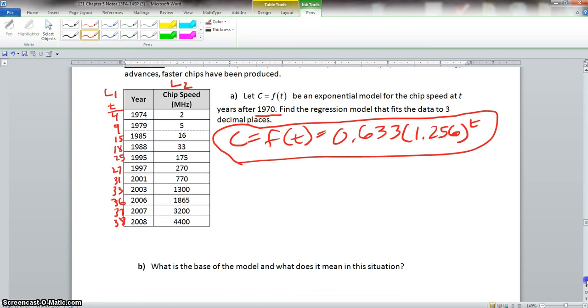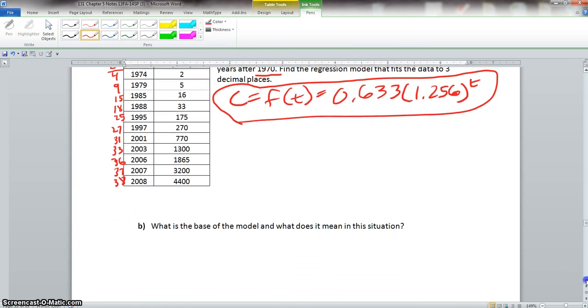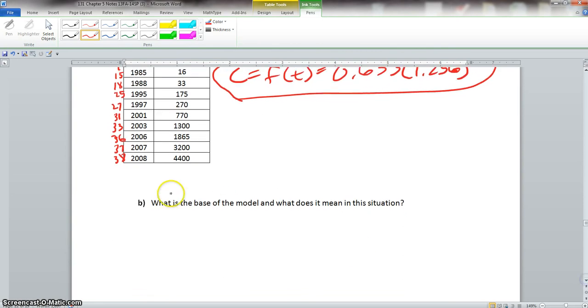Now we go down here to B. It says, what is the base of the model and what does it mean in this situation? Now we know the B here is equal to 1.256.